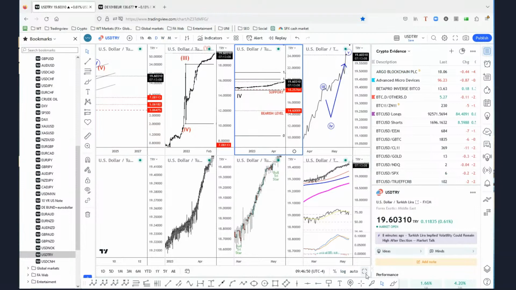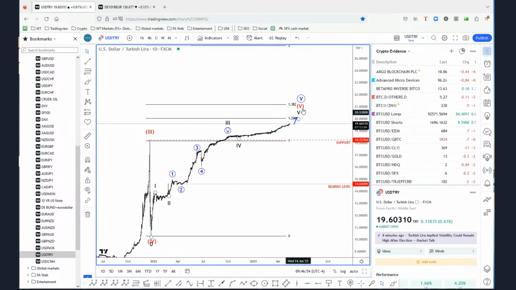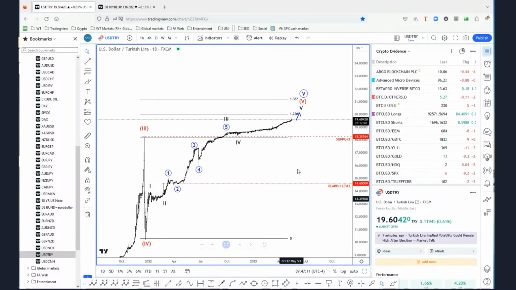Looking at the short term, we could potentially see some limited ups. Maybe in the summer months it could slow down, and then we see a new consolidation. But I really do not see any strong price action or conviction to say that this bullish run is coming to an end.